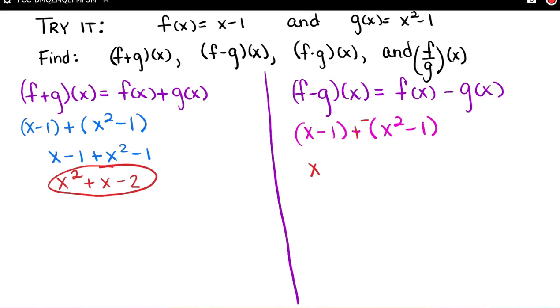So this is x minus 1 plus negative x squared, and then that becomes a positive 1. So that leaves negative x squared plus x, and then the negative 1 and the positive 1 cancel. So it just leaves negative x squared plus x.